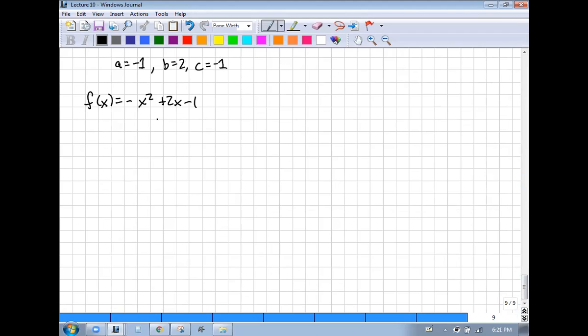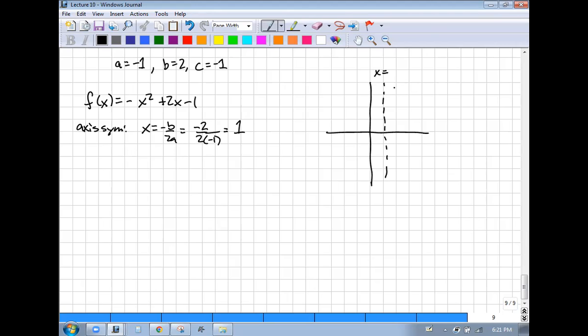So my axis of symmetry is that x equals negative b over 2a. This is negative 2 over 2 times a negative 1. So this is 2 over 2 is just 1. So over here, at x equals 1, my vertex lies on that line somewhere.